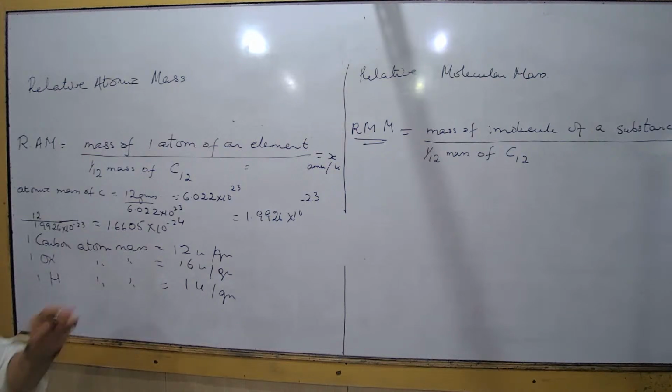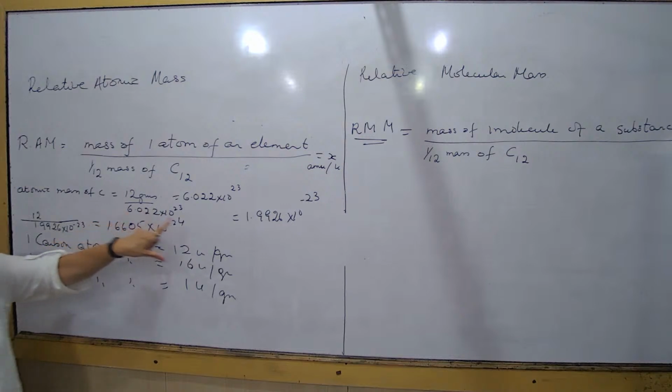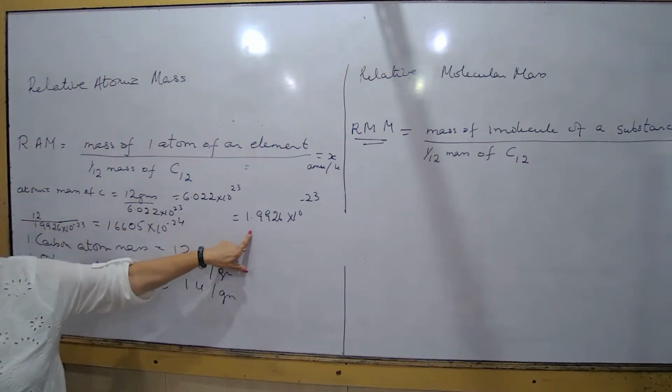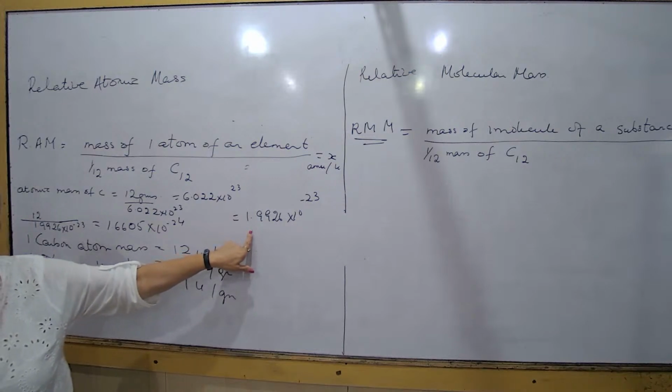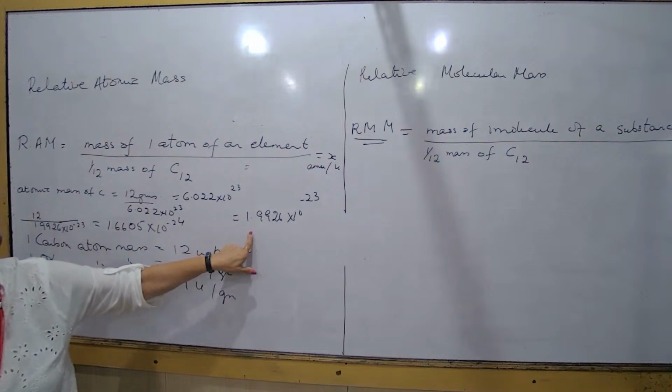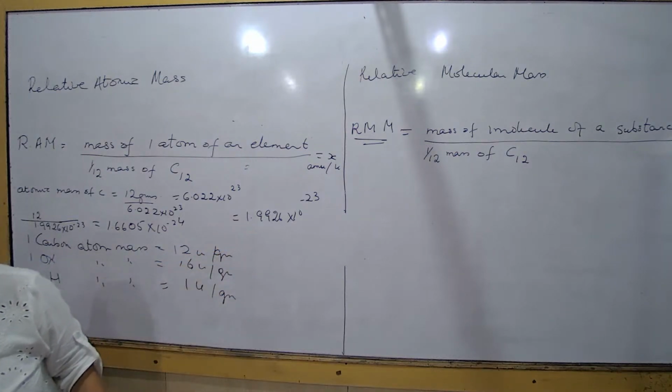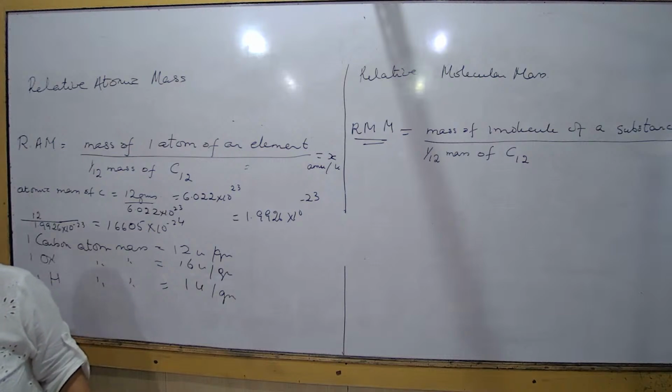So when you divide both, the total weight upon the number, you get the weight of one atom. Always remember, the atomic mass divided by Avogadro's number will give you the weight of one atom of any element. Atomic mass upon Avogadro's number.